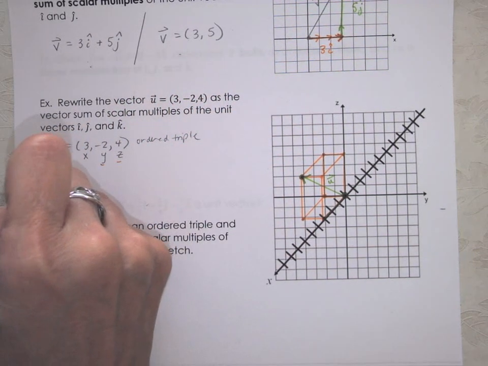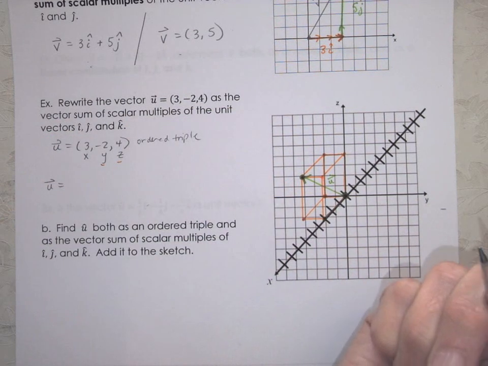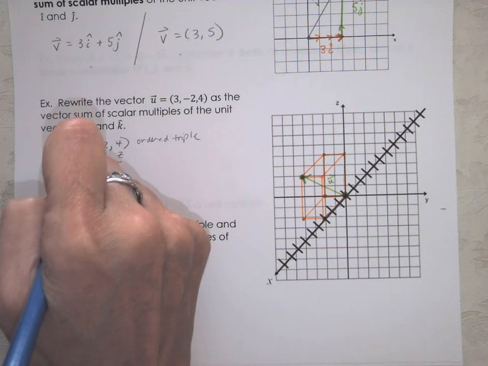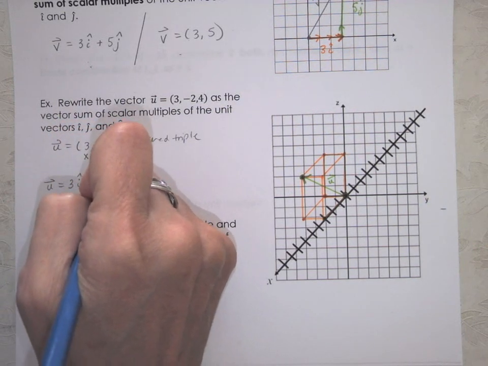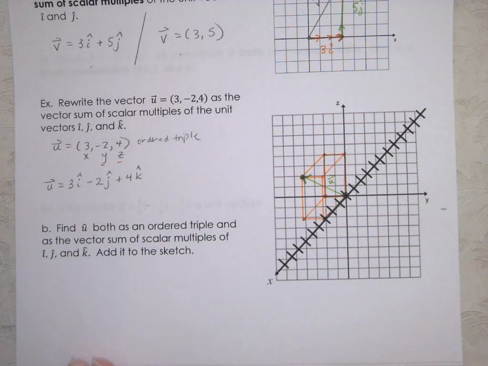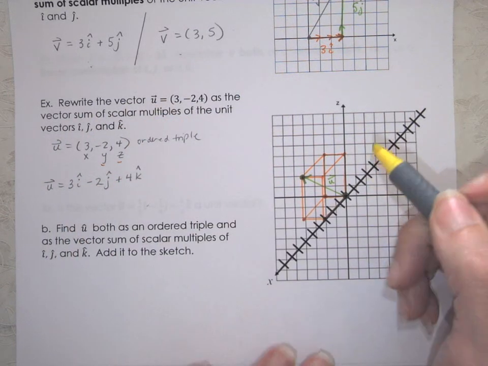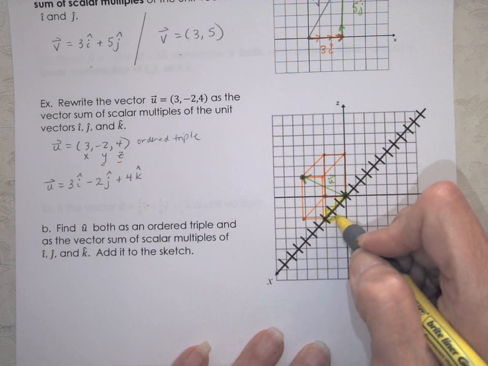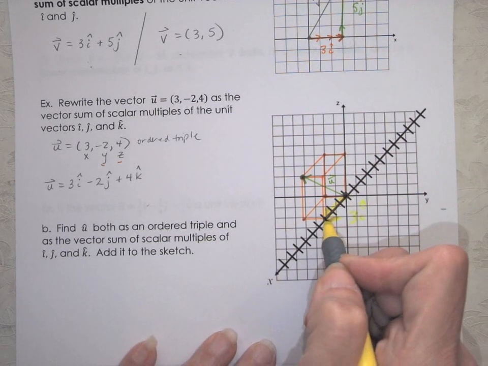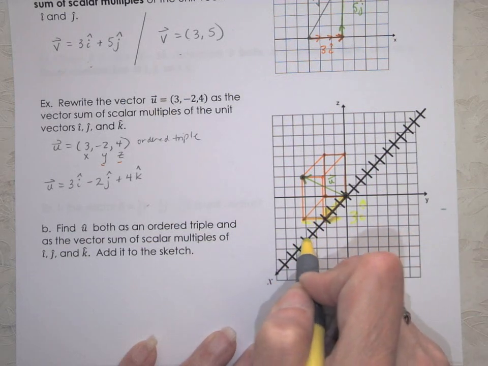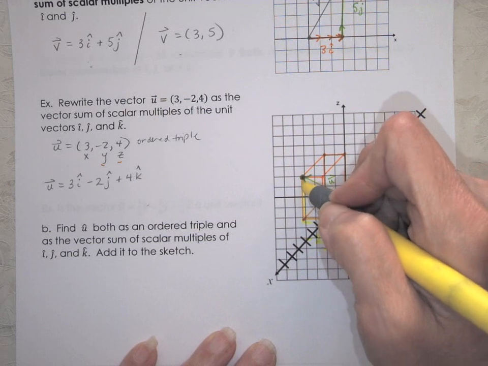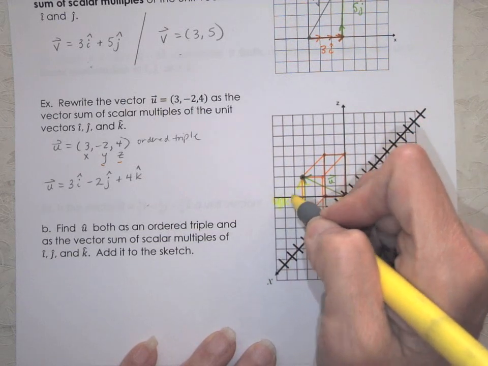We could also write it as scalar multiples of i hat, j hat, and k hat added together. So 3i hat minus 2j hat plus 4k hat is another way to write that vector. And again, 3i hat would be this here, that's 3i hat, followed by adding on -2j hat, and then adding on positive 4k hat.